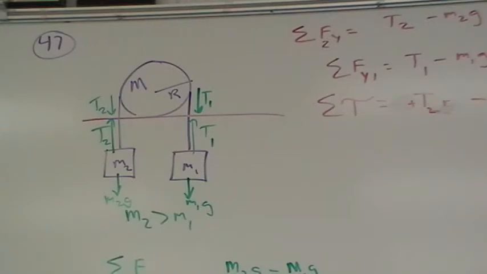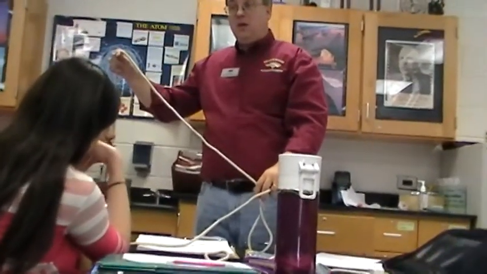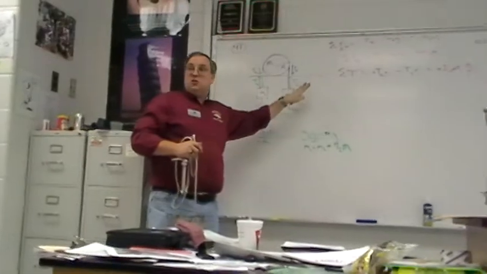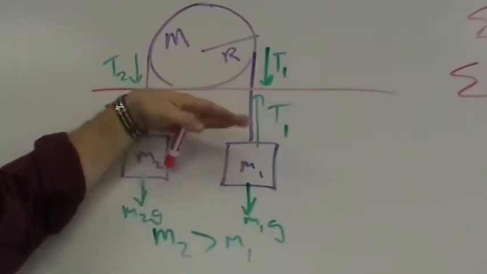So the tensions are going to pull down on that. If I hang this bucket as a weight off one side of your head, the bucket's going to pull down on your head, right? Your head being the pulley. But the force on the bucket as it hangs there is going to be up, right? So that's how I can have those two tensions in the picture going opposite directions. Because on the pulley they do act down, but on the weights they do act up.